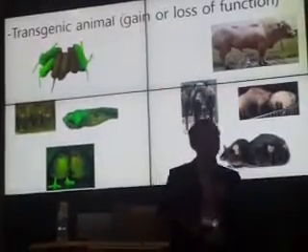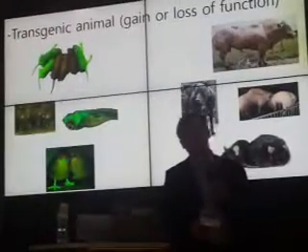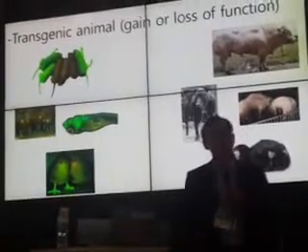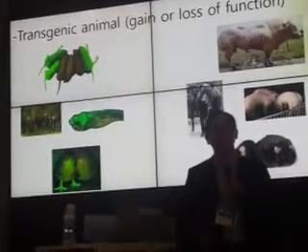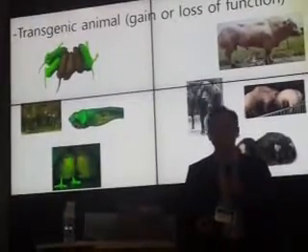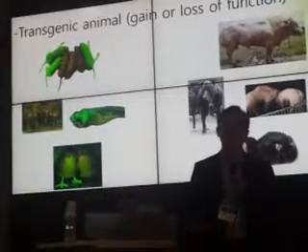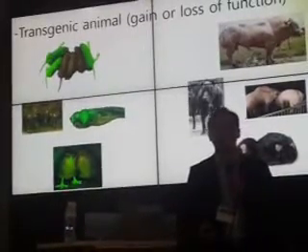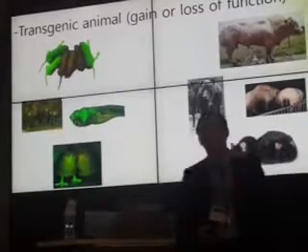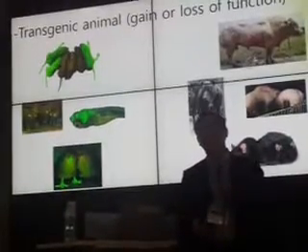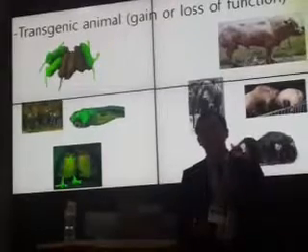So why do we have to make animals? Because basically in life science we have to know the function of a particular gene, like the target gene. What is the target gene doing? So to understand the target gene, we have to make some gain of function or loss of function.